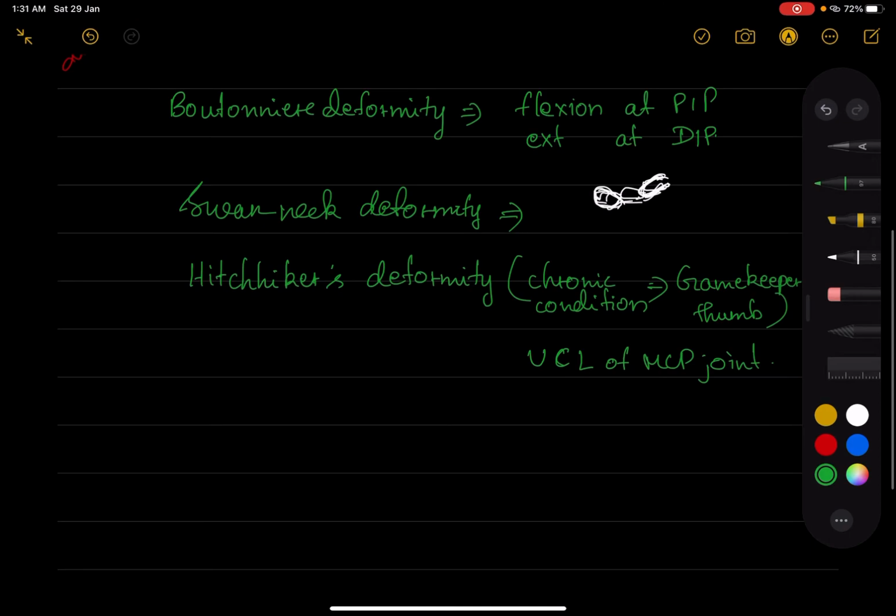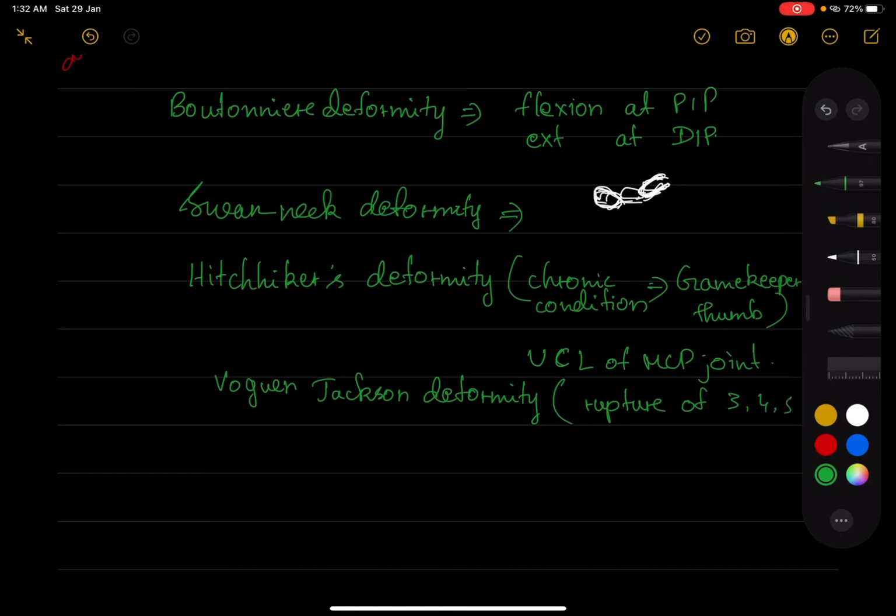The next one which is seen is Vaughan-Jackson deformity, and that's because of rupture of the third, fourth and fifth extensor tendons except extensor indicis. And the next deformity that we see is opera hand deformity.